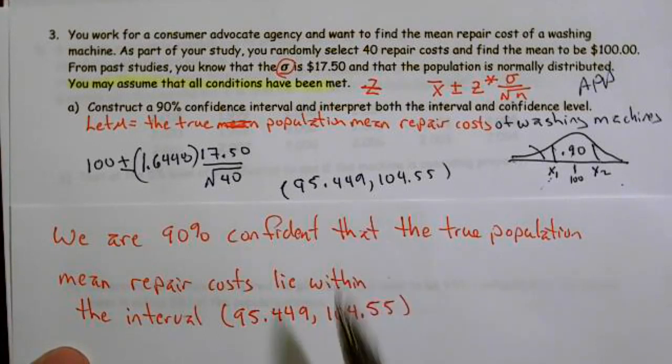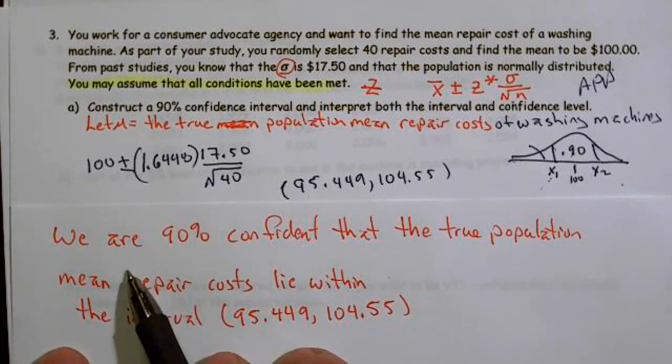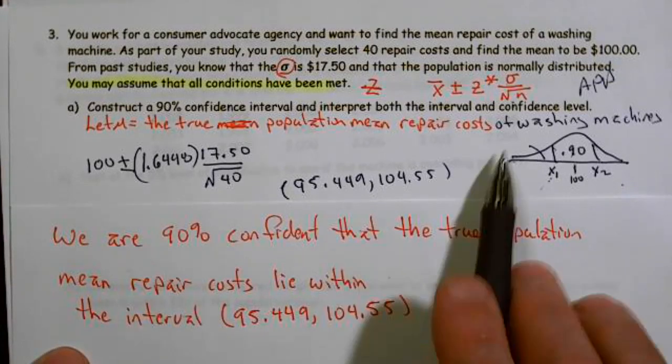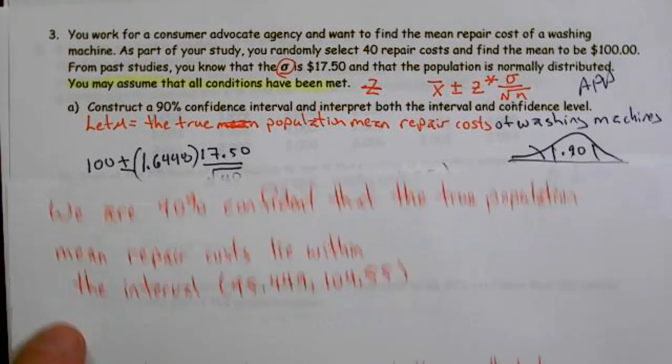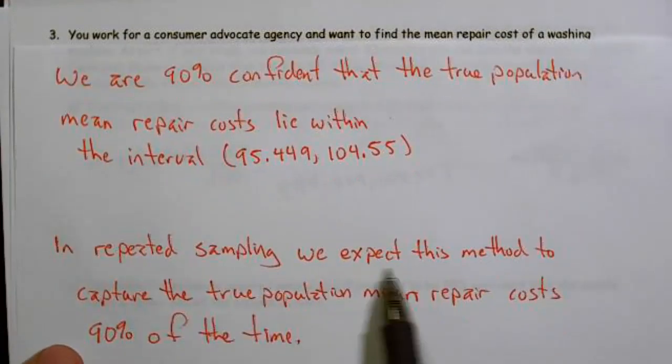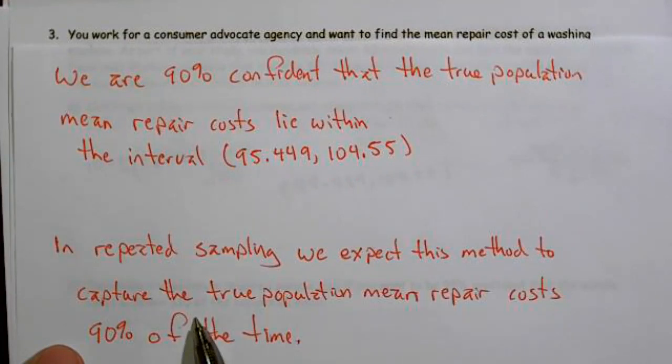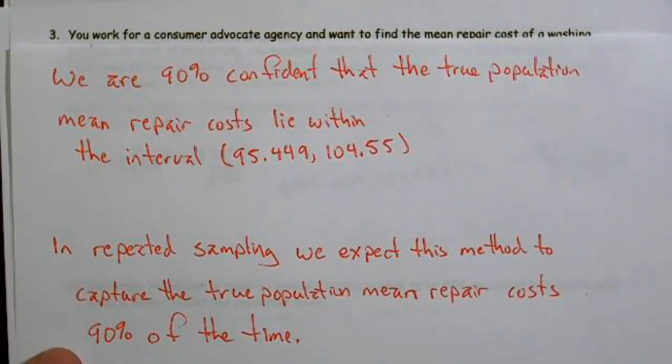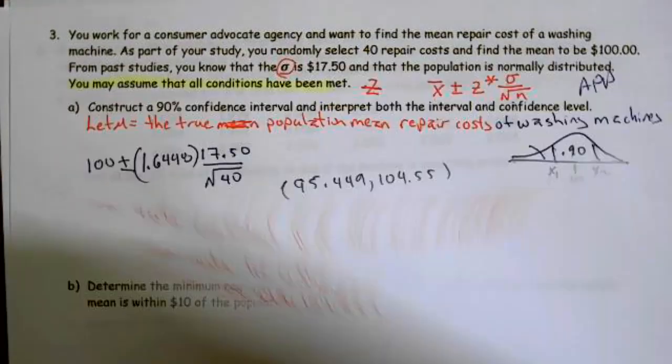So that's interpreting the interval. For the confidence level, we mean that in repeated sampling, we expect this method to capture the true population mean repair cost of washing machines 90% of the time. Both of these can be found on our template in the recipe cards.